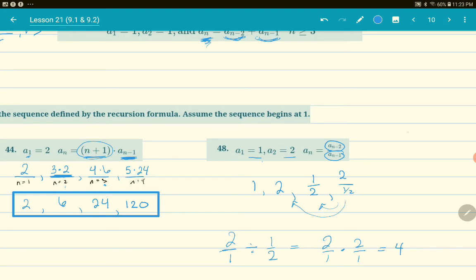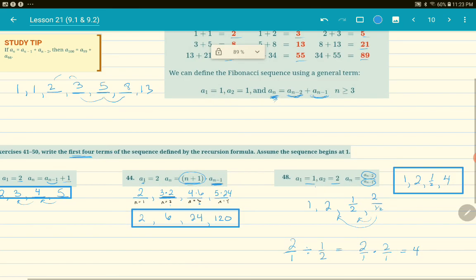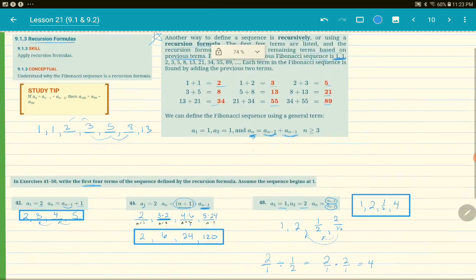So the terms are 1, 2, 1/2, and that last one is actually a 4. All right, that wraps up section 9.1.3 on recursion formulas.